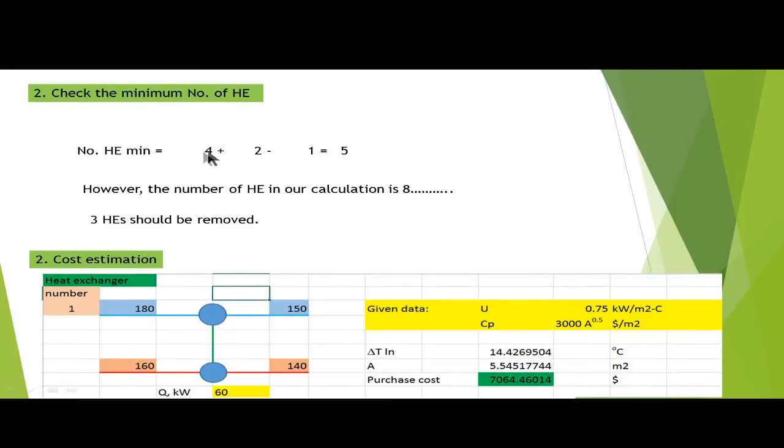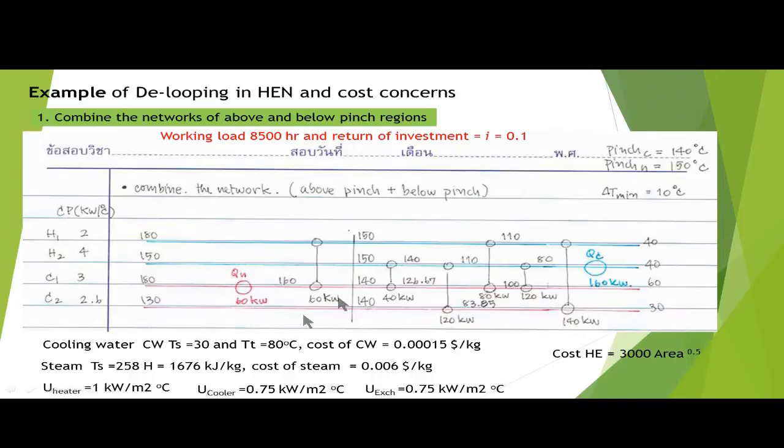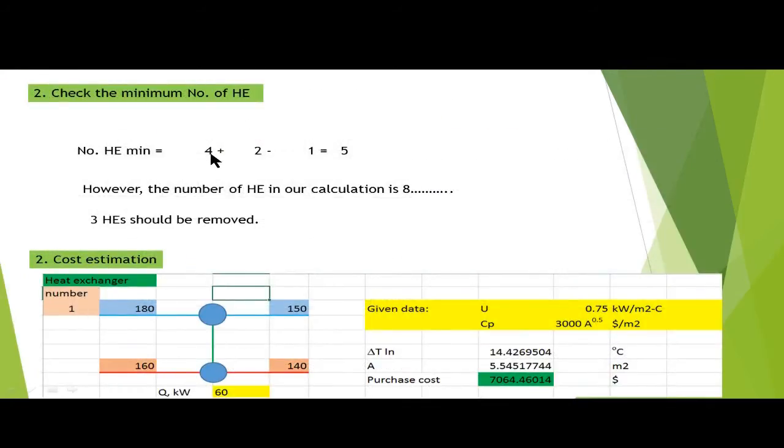In this case, we do have 4 streams, 1, 2, 3, 4, and then 1 heater and 1 cooler, the cooling system. So we can put in the equation as 4 plus 2 minus 1 equal to 5. So the number that we have is 8, which is of course higher than the minimum number of heat exchangers based on the theory. So 3 heat exchangers should be removed, or delooped.